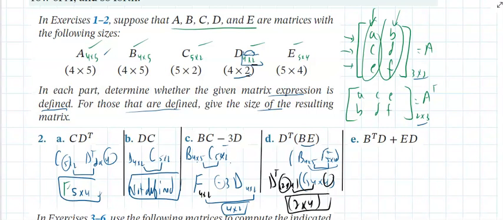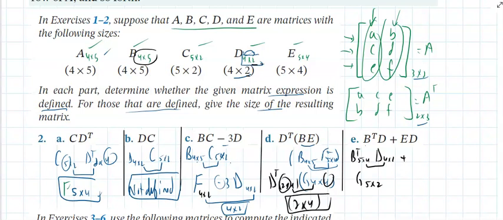How about here? B transpose. B transpose is, if this is 4 by 5, I'm sorry, is this 4 by 5? This is 5 by 4. And D happened to be 4 by 2. So this is possible. And the outcome is a matrix G that is 5 by 2.